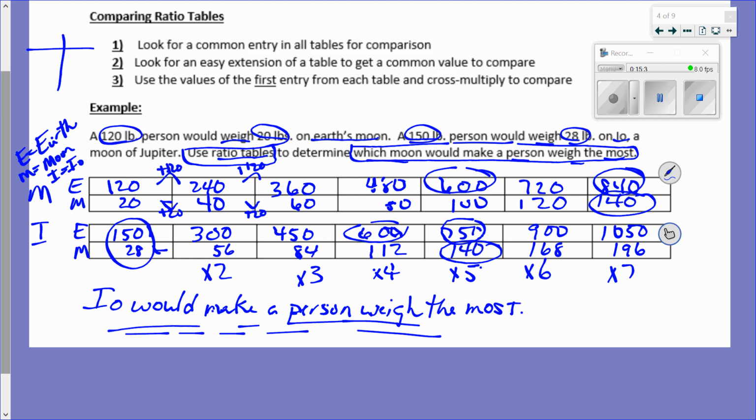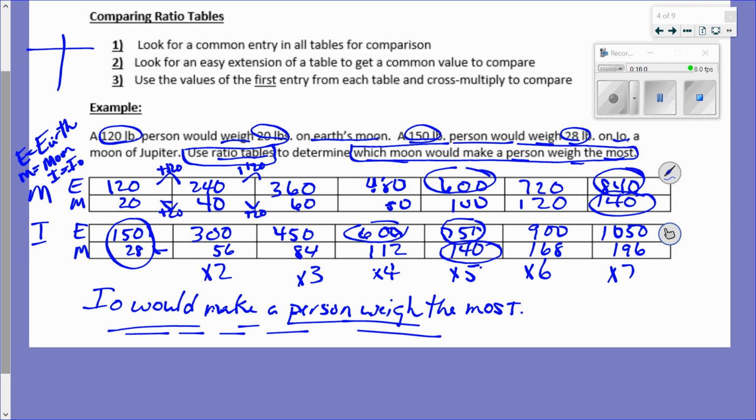Right, so why am I picking the guy that weighs less on Earth to say that the moon makes him weigh more? You're so close. I thought you had it, Israel. Go ahead. One man's heavier than the other man. Right. He's heavier. So how am I saying that the Io moon makes him heavier when this guy's heavier? So the man who weighs the item that weighs 840, right?